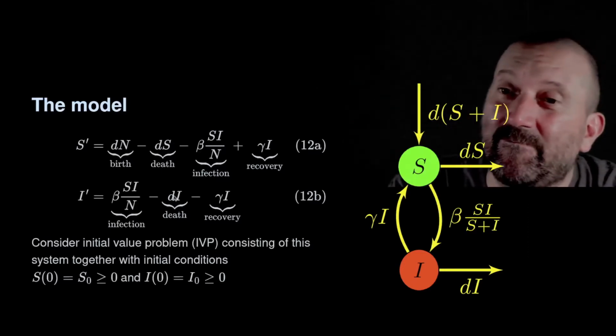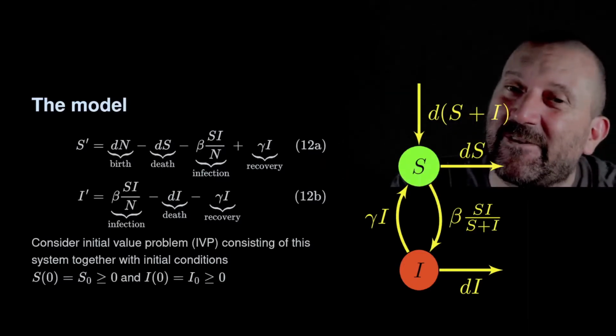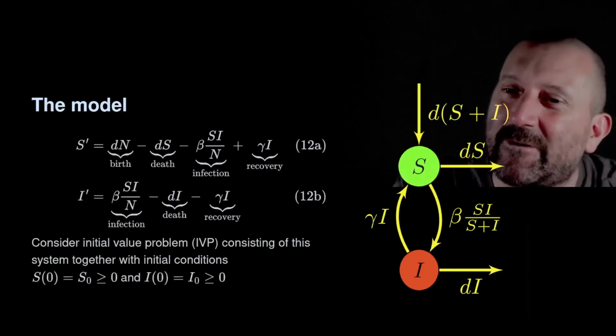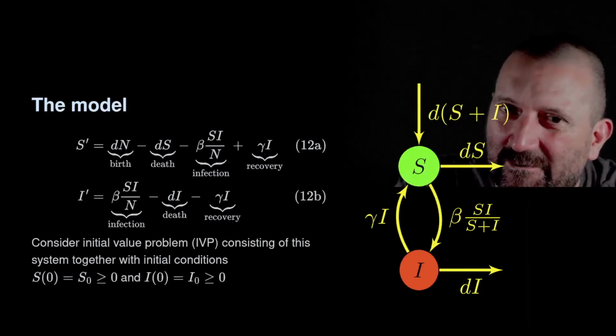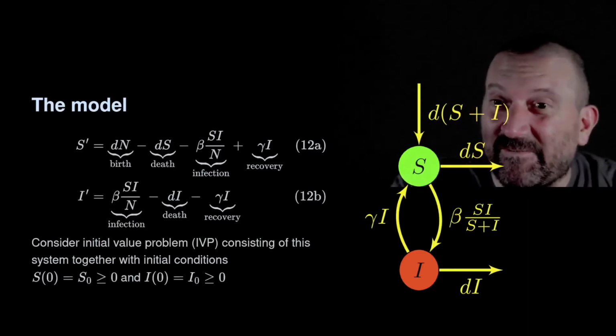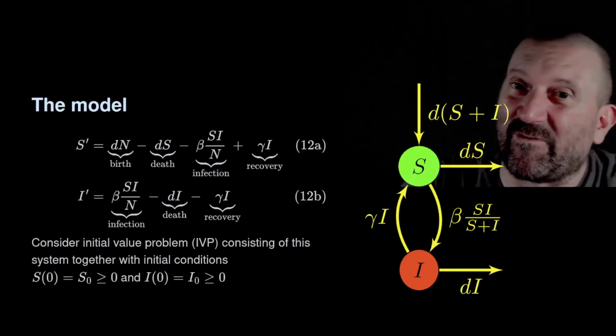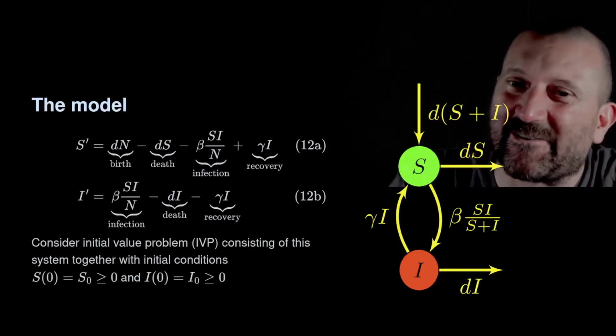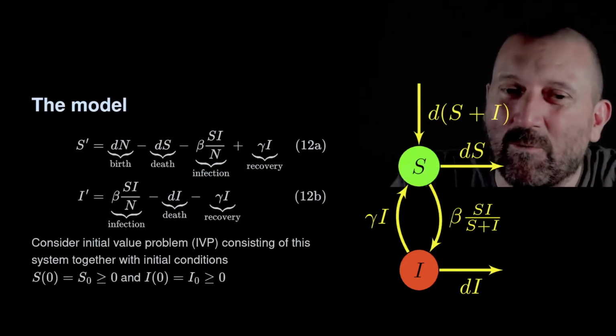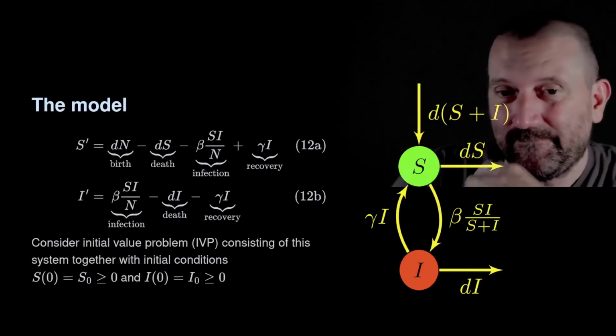Which means that if initially there's no infectious, there is never any infectious in the population. Which tells us that the model is well written in a way, okay? It preserves, I'm not making infectious where there is nobody to spread infection.